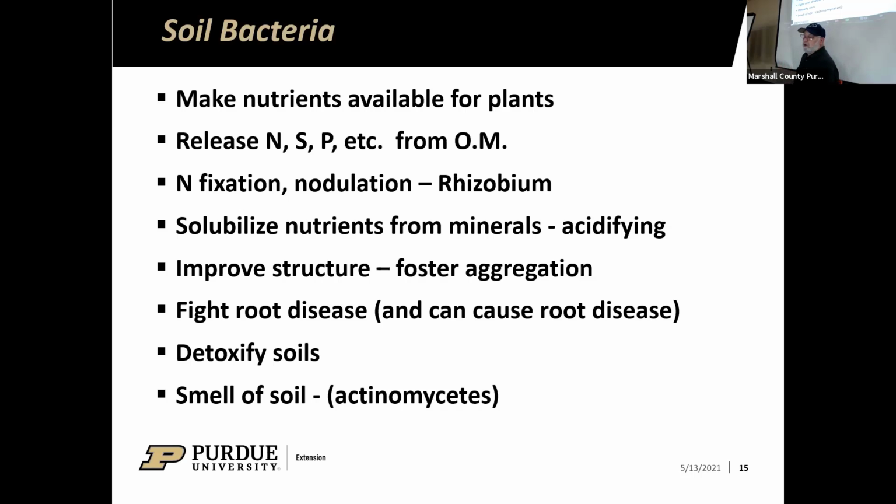So our soil bacteria are very important in cleaning up sites that have been contaminated. And they give us the smell of soil when we're holding soil in our hands and we get excited because of that soil odor. We can thank the bacteria for giving that to us.